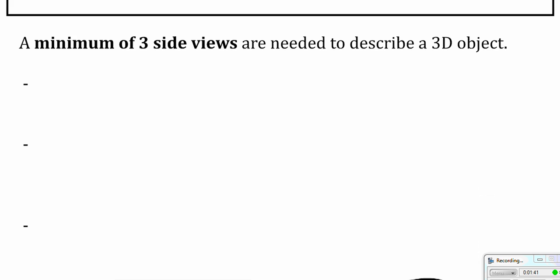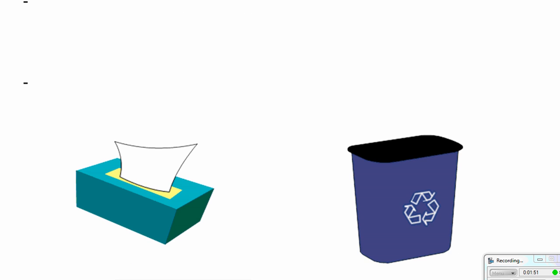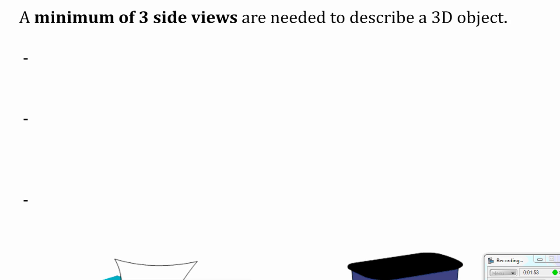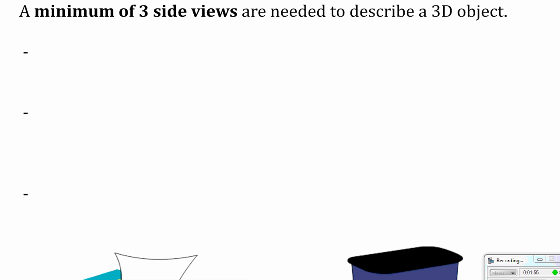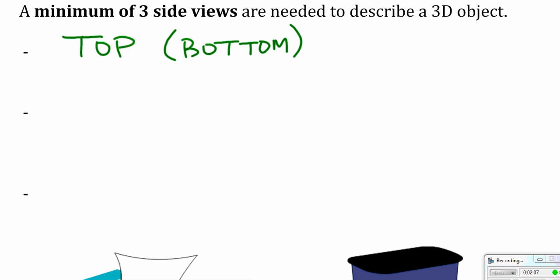So in order to describe a 3D object, we need three views. And if you remember back to grade 8, we used a Kleenex box a lot for this. And if you notice in your notes, there's a Kleenex box below. So for a 3D object, the three sides that we need is we need the top. And once we know what the top looks like, we will also know what the bottom looks like, because they should be identical for a rectangular prism.